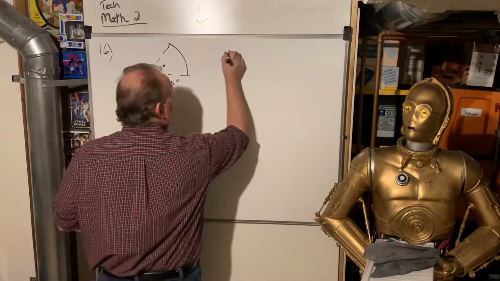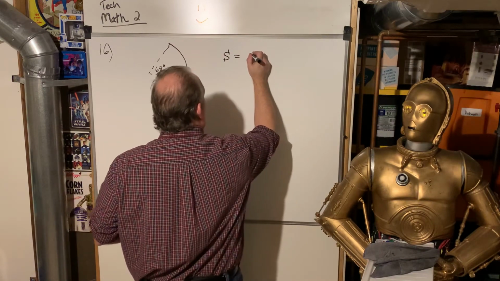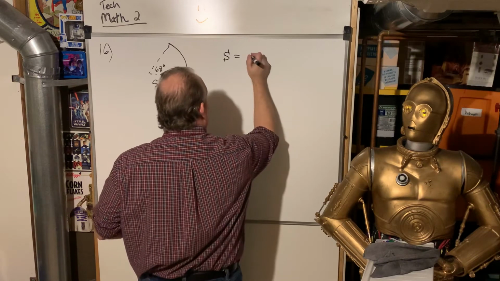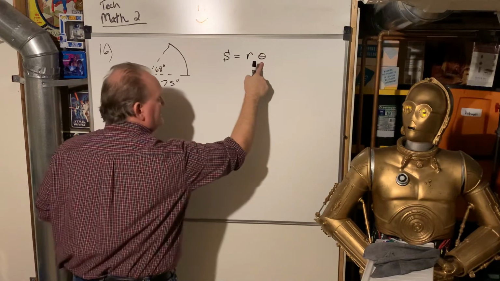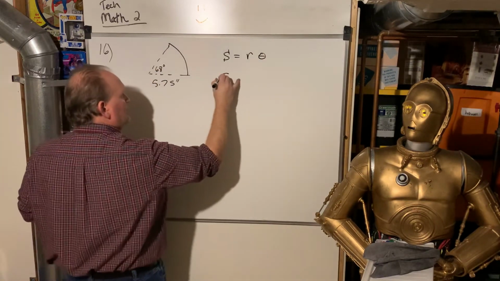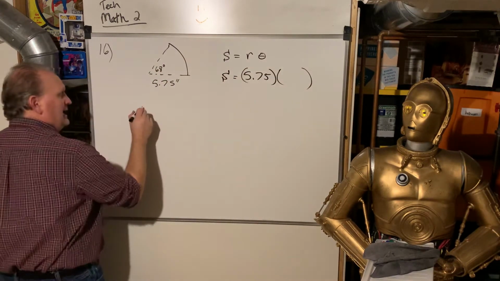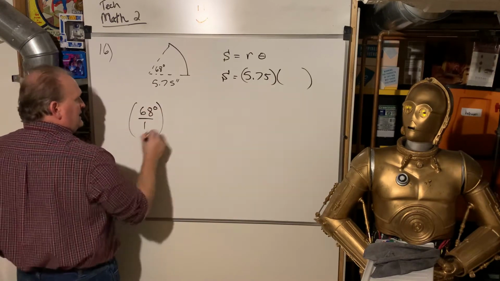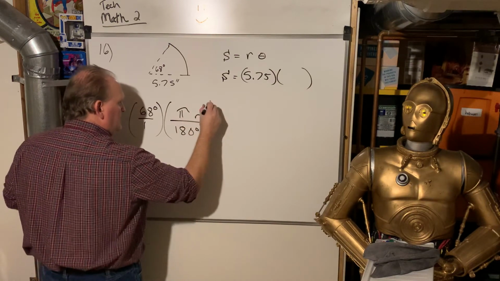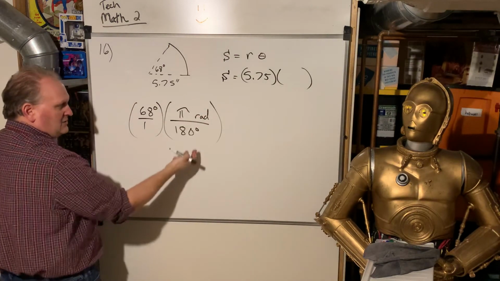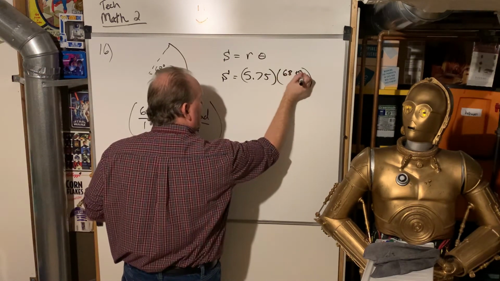So again, we're just going to use this. While I'm talking about this here, I'll also explain the process of what's going on really quick. So this is radius times theta, as long as that is in radians. So the arc length is 5.75 times, so here's 68 degrees, but I need it in radians, so I'm going to say 180 degrees, pi radians. Remember, this is essentially 1, because those are the same things, and the degrees will cancel off, and I'll have 68 pi over 180.